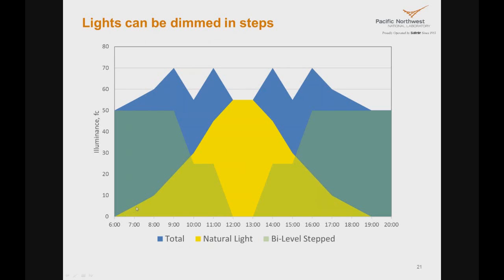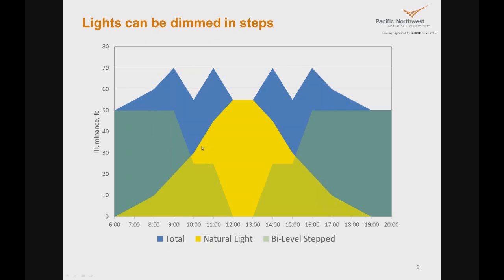It has still not achieved enough level to be able to turn off half the lights. But at about 25 foot-candles, there is enough light coming in through the window that you can turn off half the light. So your artificial lights are providing 50 foot-candles, which is our target level. When the natural light hits 25 foot-candles, you can turn off half the lights, and so your artificial light level goes down to about 25 foot-candles.